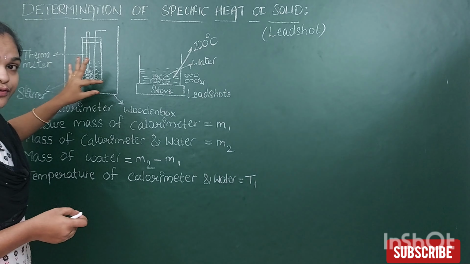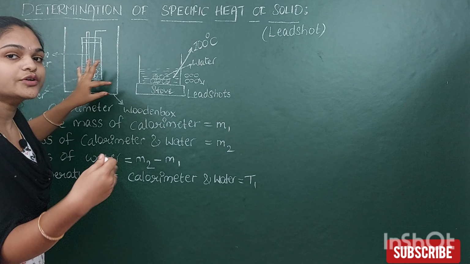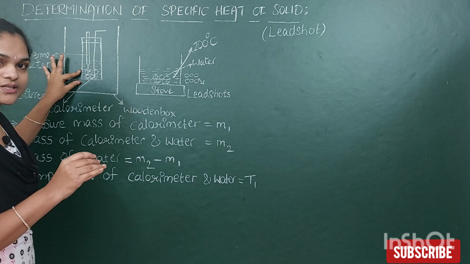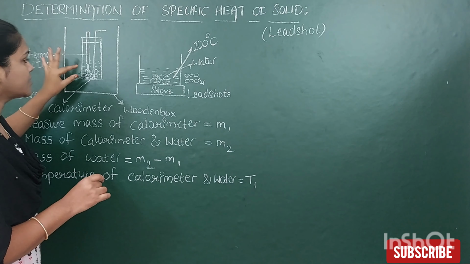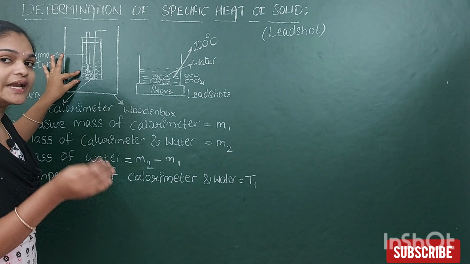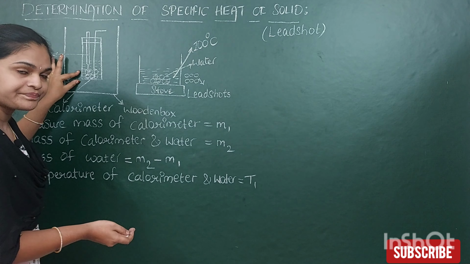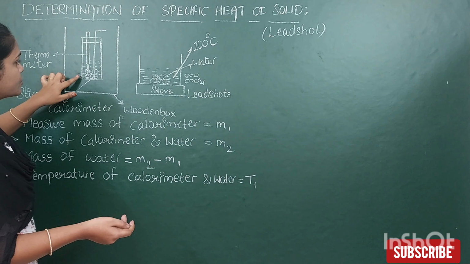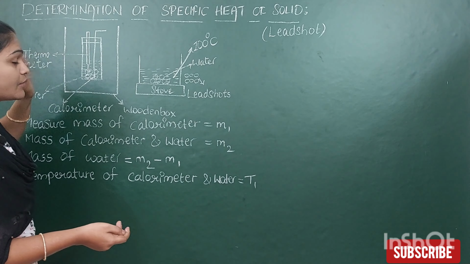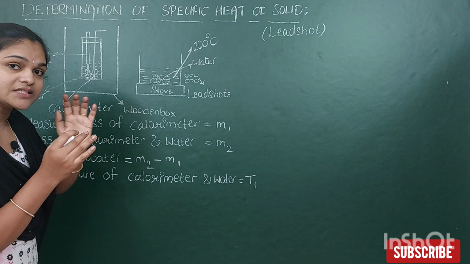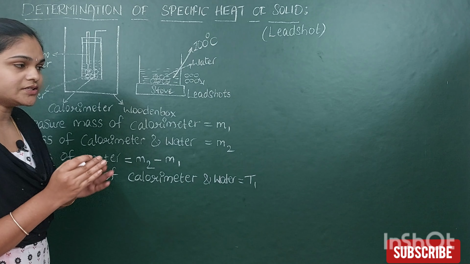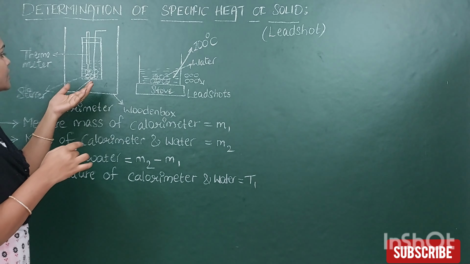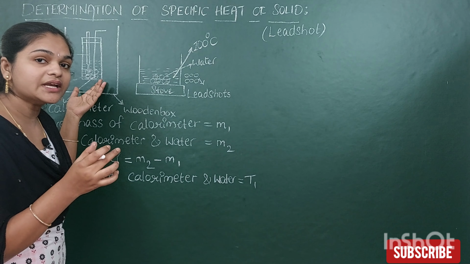Already we know that heat flows from a body at higher temperature to a body at lower temperature. Here the lead shots have the higher temperature, and the water is at lower temperature. So when the lead shots transfer their heat energy to the water, they come to a state of thermal equilibrium. That means they both attain the same temperature at a point. That state is called thermal equilibrium.